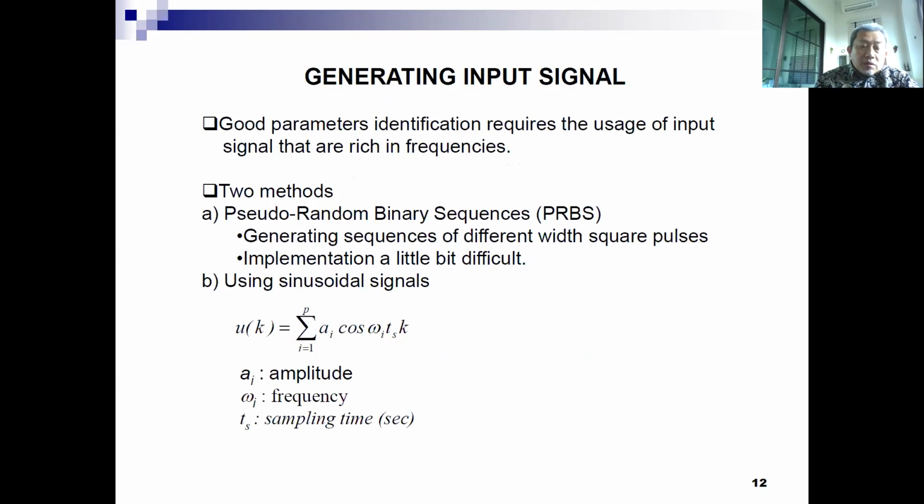So input signals are the most important thing, the signals that will go inside the system. Good parameters identification requires the usage of input signals that are rich in frequencies. We are using two methods, which is PRBS, which can be generated using a square pulse, but to implement it in a hydraulic actuator is a little bit difficult.